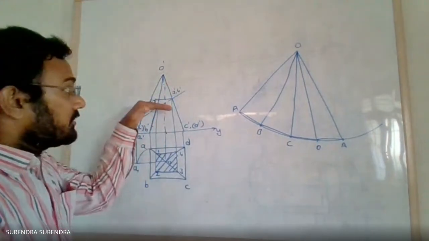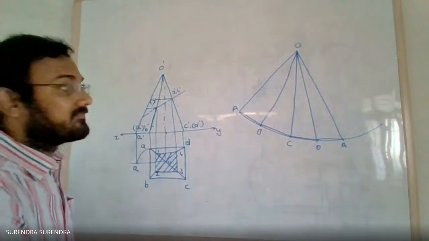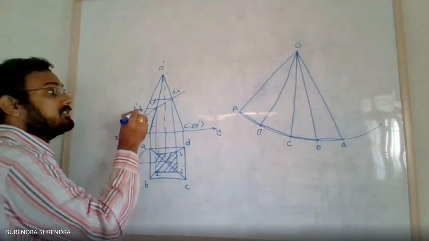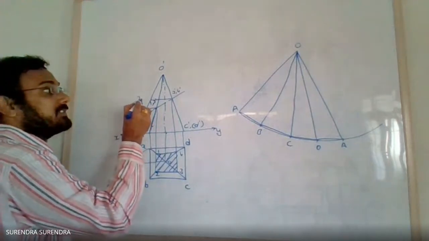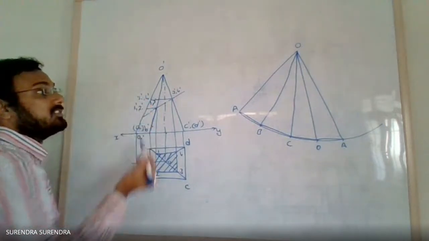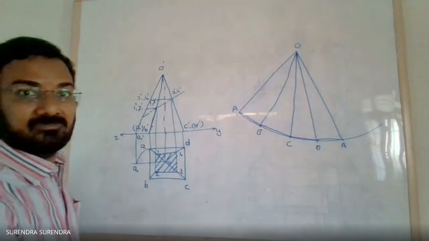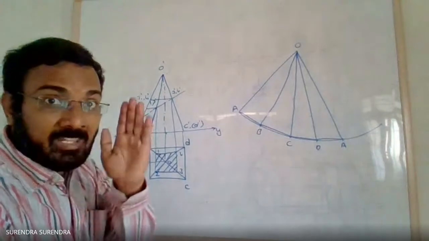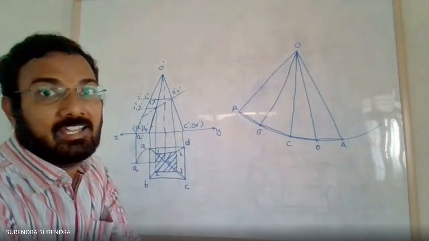Draw horizontal lines and name these points 1 1 dash, 2 1 dash, 3 1 dash, 4 1 dash. Why? Because we must get the distance on the true slant length.